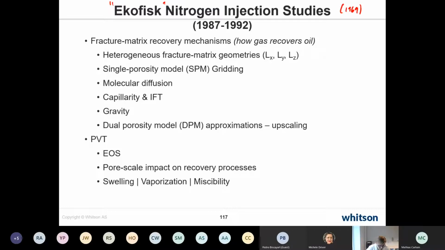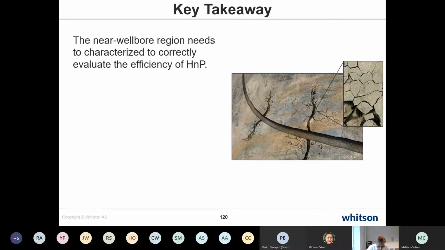So in that sense, a lot of these concepts, a lot of this physics is not new. A good term I've heard many times at forums is that new things are just good old forgotten stuff, which I think is the case here.